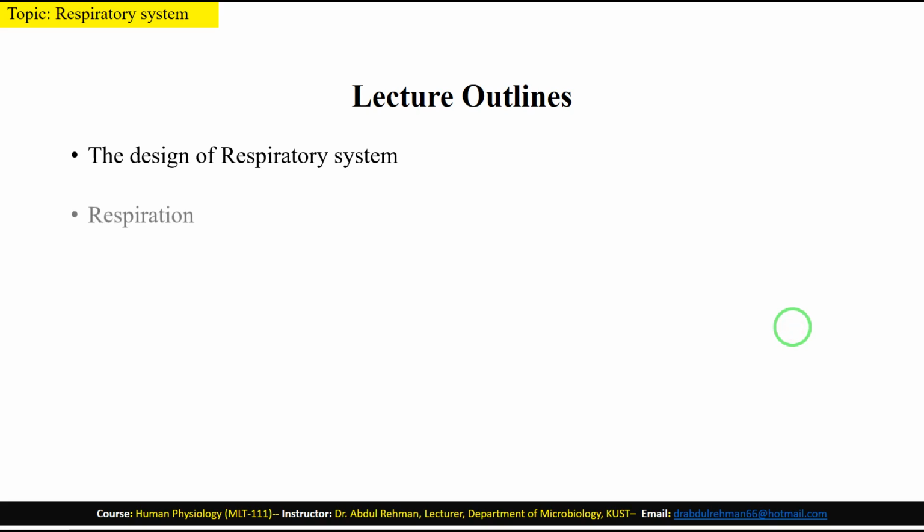Then we will discuss respiration, which is not only the act of breathing, that a person can take oxygen and remove carbon dioxide from their body, but it is a system and process by which we can get energy in the form of ATPs to perform normal body activities.